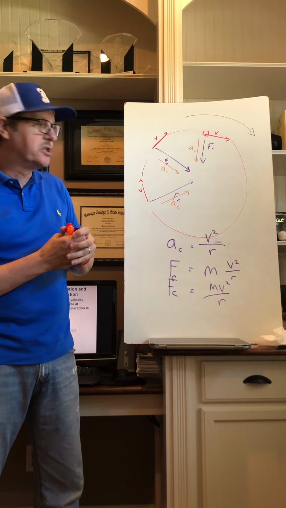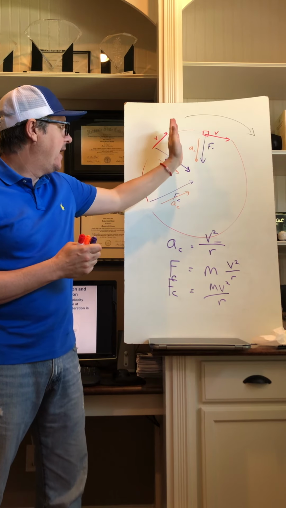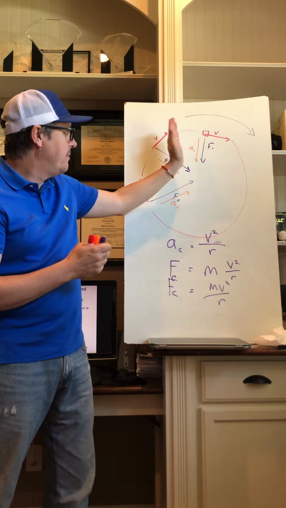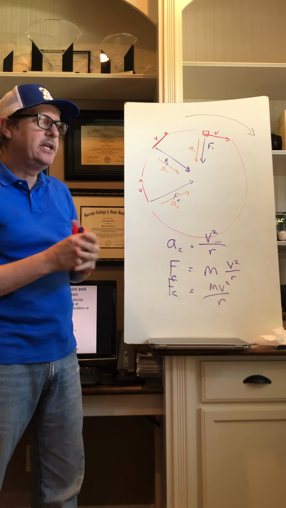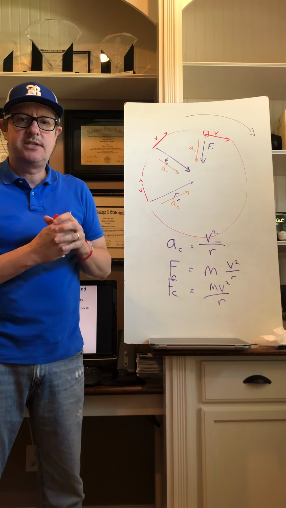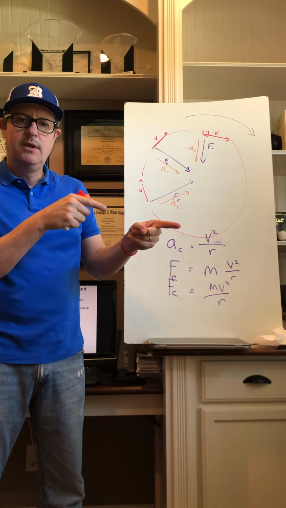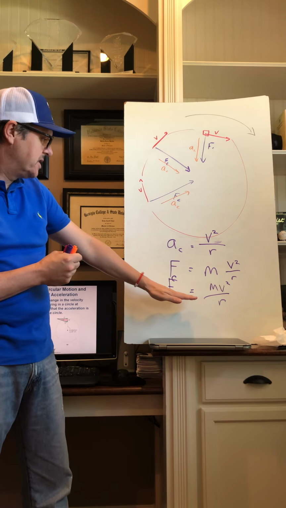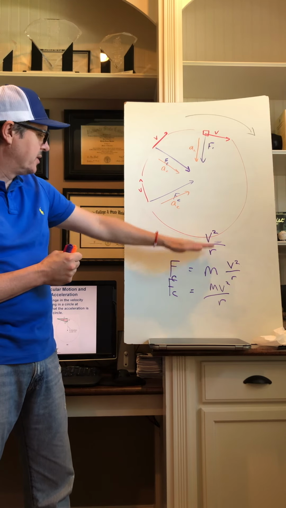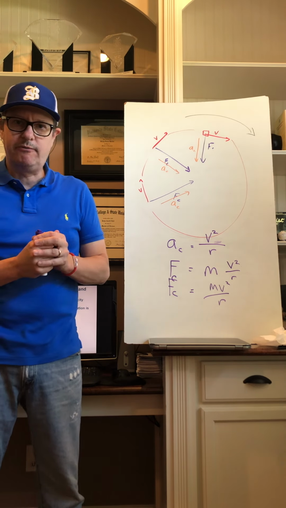That's called the angular displacement. And the velocity that it moves through that is called the angular velocity. Not this velocity, but the angular velocity. I usually save that for AP Physics. So if you want to take AP Physics next year, you'll get into that. But this is the formula for centripetal acceleration and centripetal force.